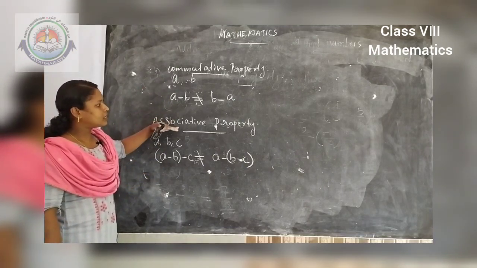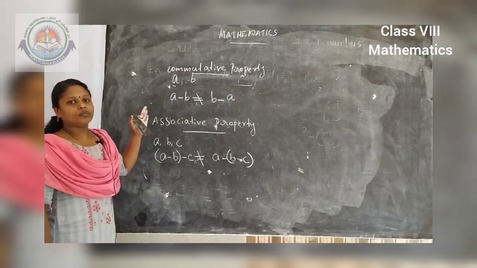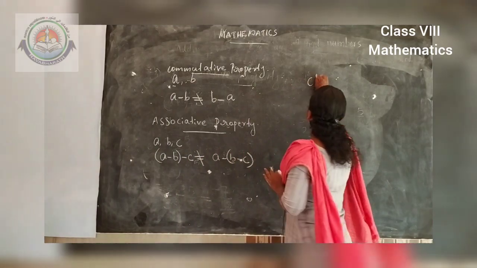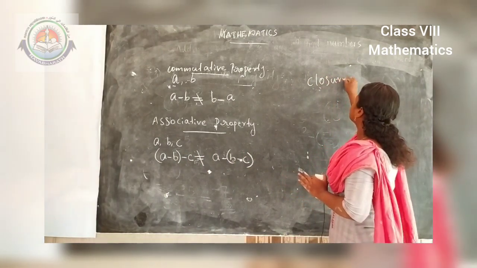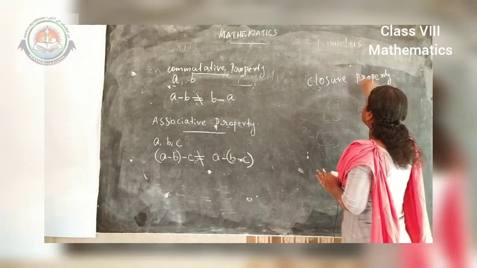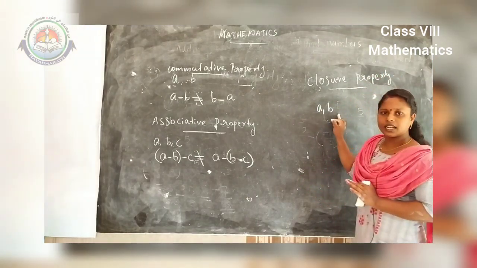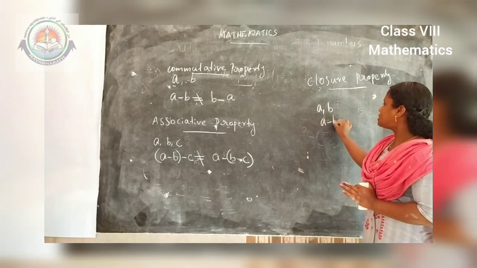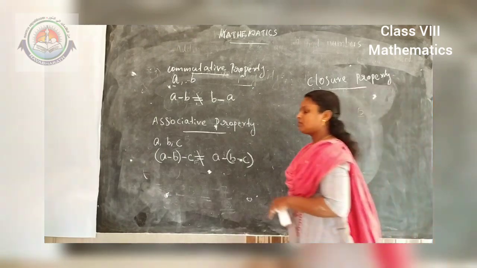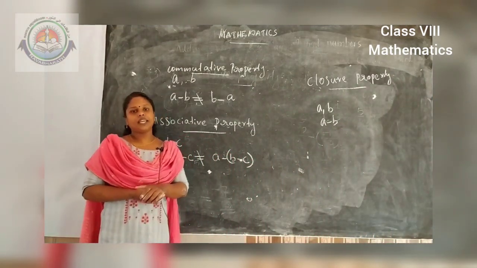These two properties are not satisfied by subtraction of rational numbers, but the closure property is satisfied. That is, if a and b are two rational numbers, a minus b is another rational number. That's all for today. Thank you.